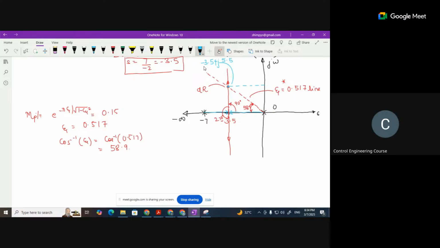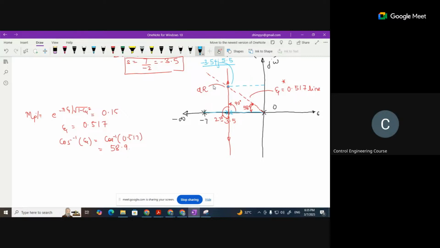Correct? Now, once you have obtained this, what does it signify? This signifies the dominant roots, and at this value of poles you have to find out the value of K.